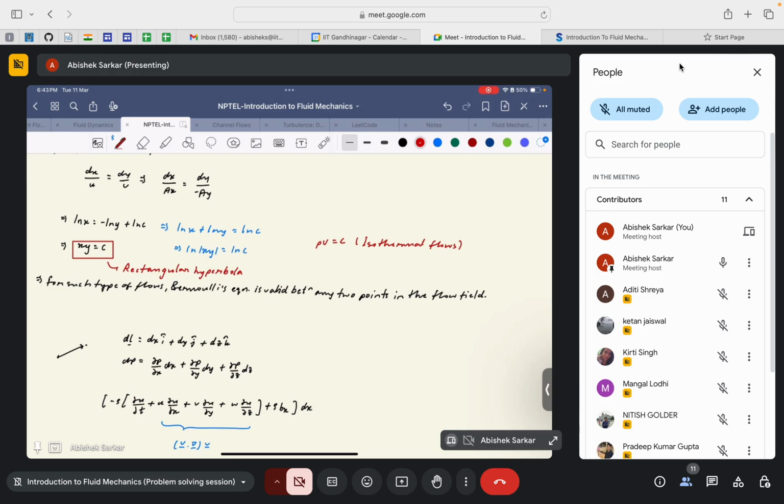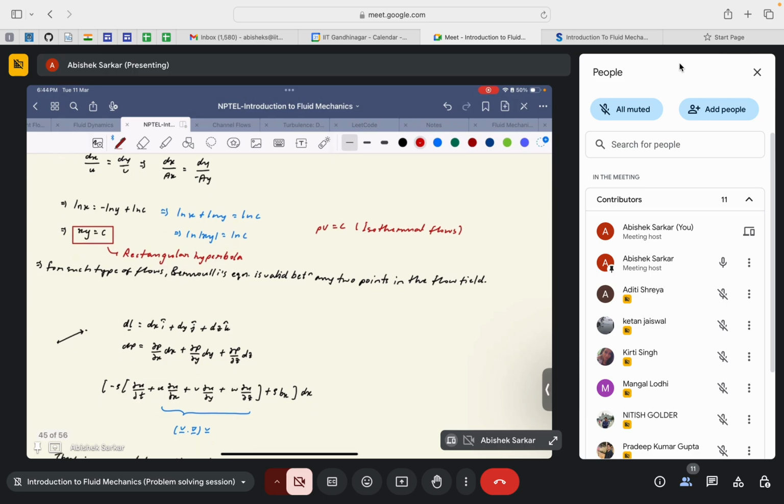Of course, I will go through each step as nicely as possible, but I may go a bit quick in order to save time for the problems part. This derivation is done very beautifully by Professor Chakraborty, so you can go back to the lectures to understand the derivations. But in order to save time for the problems, I'll go a bit fast. I'm sorry for that, but if you have any doubt, you can stop me.